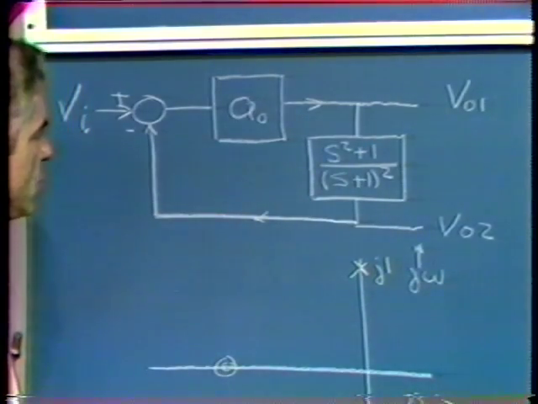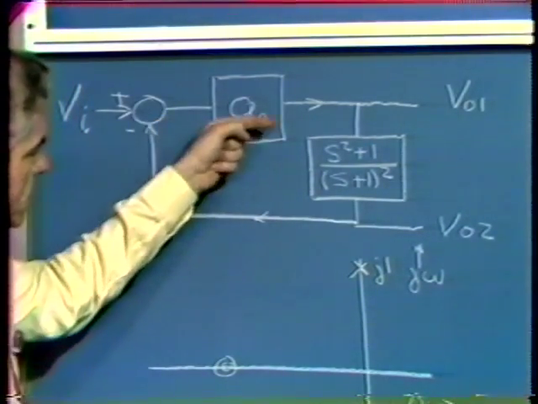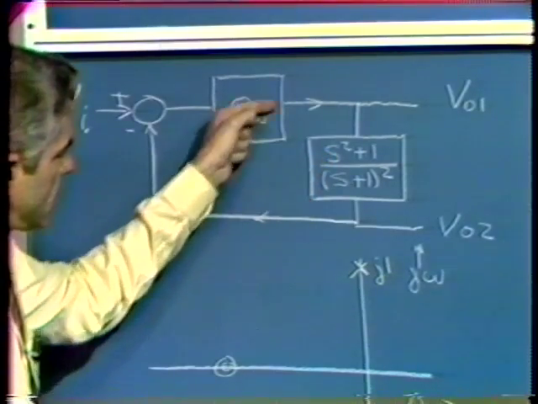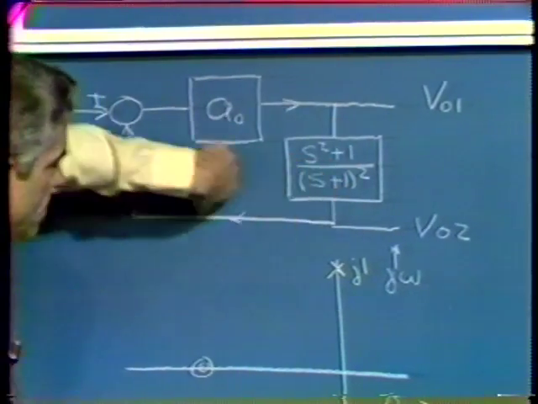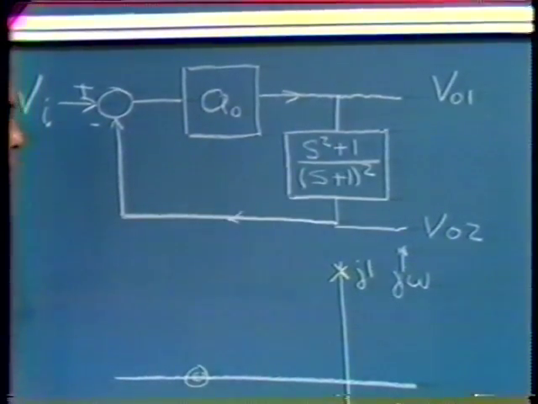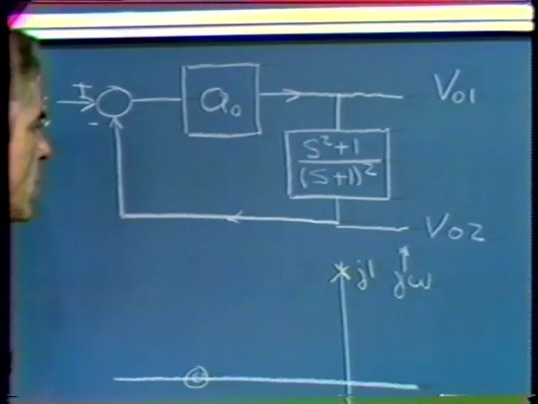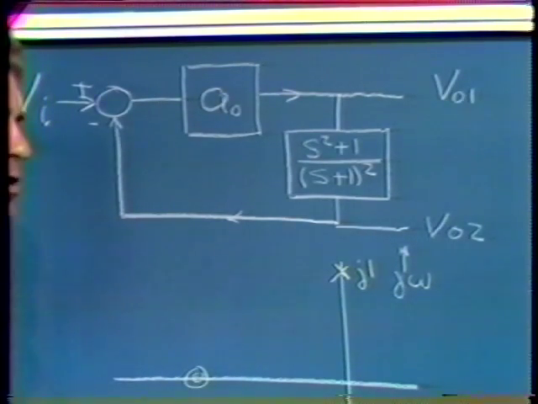We have 2 outputs from the system. One of them includes the T in the forward path. The other one includes the T in the feedback path if we consider the transfer function between the input and VO1. Well, first, let's find the closed loop poles of this system.